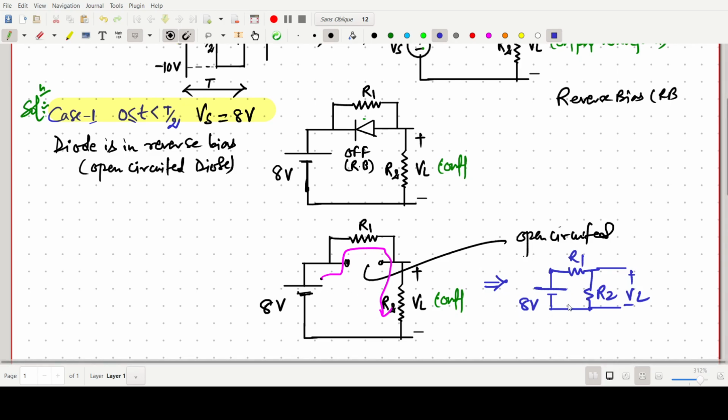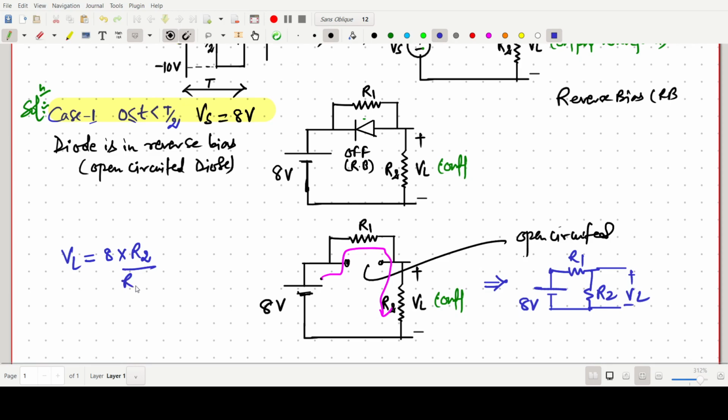By applying the voltage division rule, we can simply write VL equals 8 volt into R2 by R1 plus R2. We could also use Kirchhoff's voltage law, but directly we can write this. R1 and R2 are both 50 ohm, so 50 plus 50 means 100.